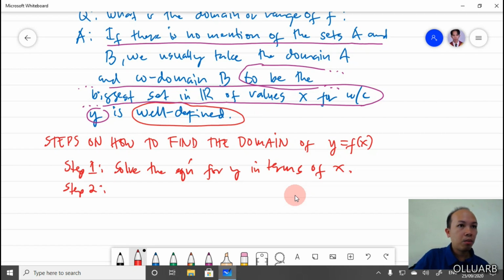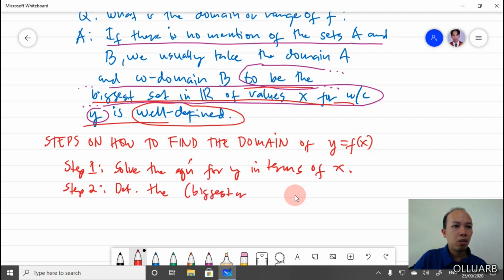Okay, for step 2, this is now the idea here. You have to determine the biggest set in R for which y is well defined. So determine the biggest or largest set of values of x for which y is well defined.